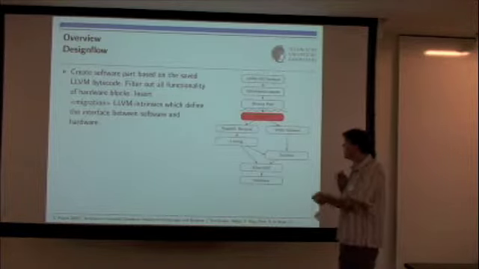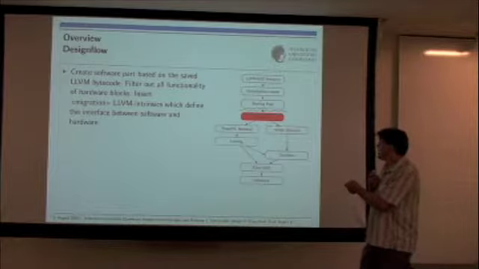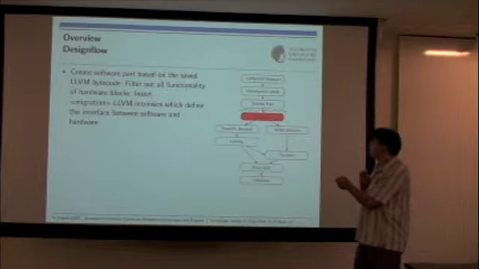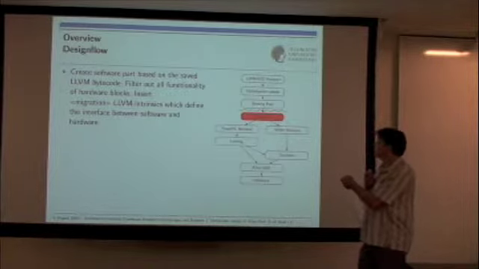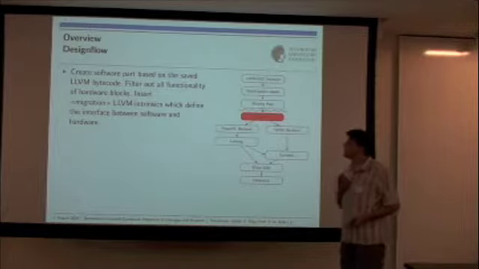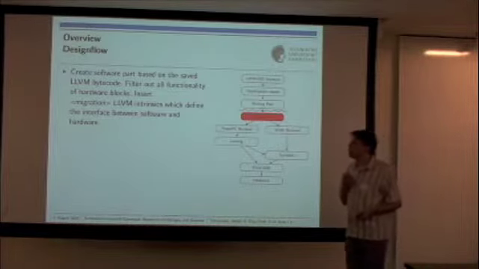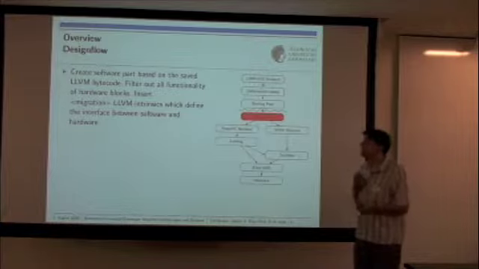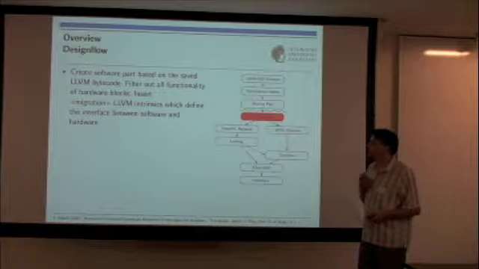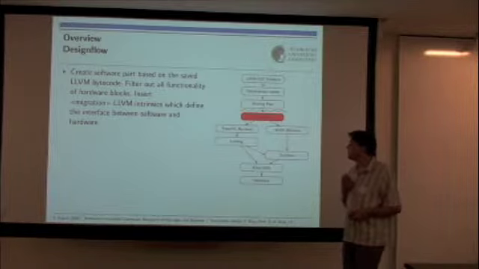Okay. Next step is a filter pass. This filter pass uses the information from the binning pass to insert so-called migration instructions, intrinsics. I will talk a little bit more about these migration instructions later on.